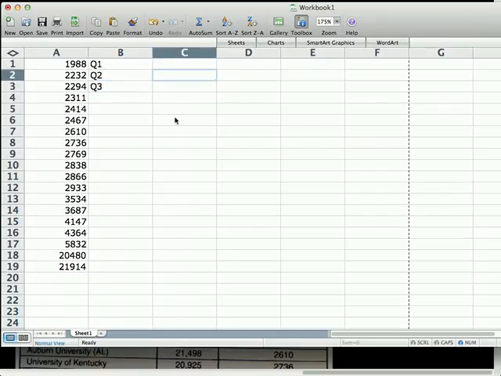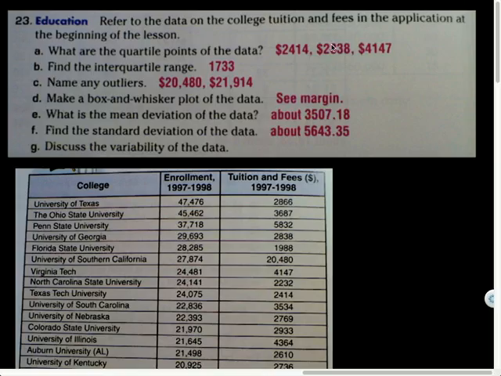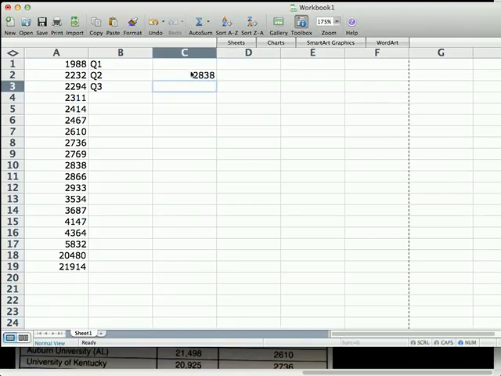Q2 is just going to be the median of this list. Let's see what Excel does with that. I got 2838, and that is this number right there. So that seems to be an agreement. Do we agree that that's the middle number of our list? Well, how many values were in my list?